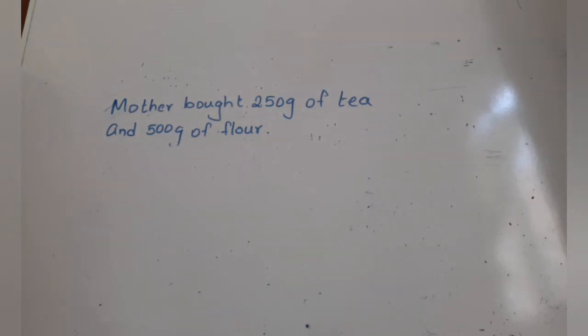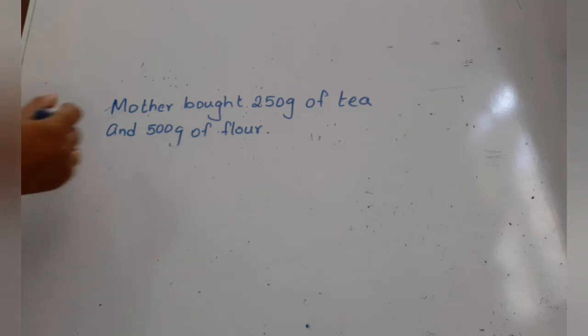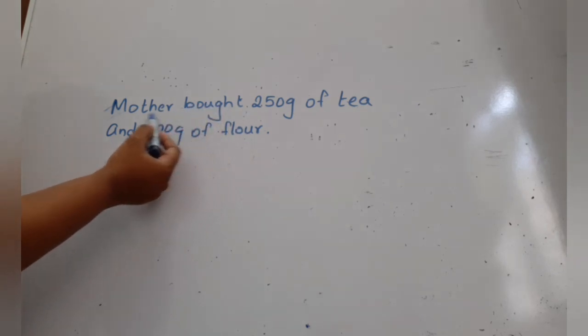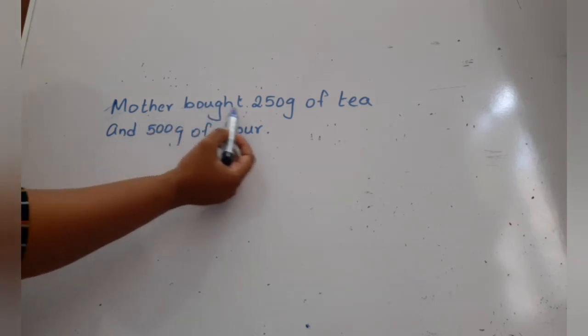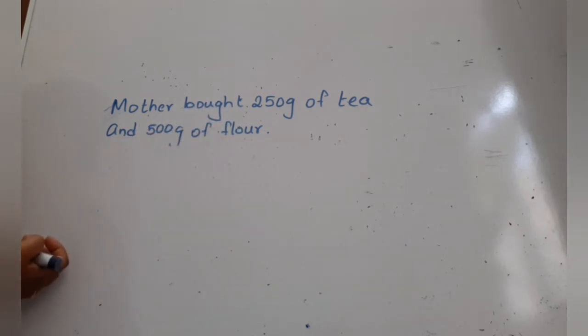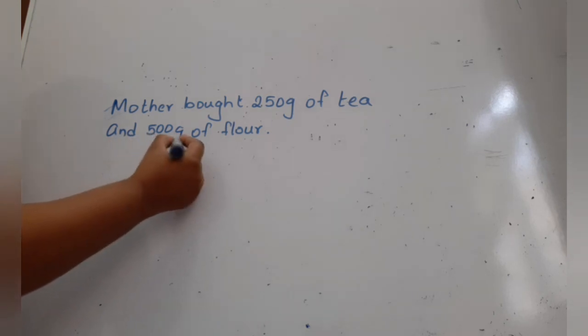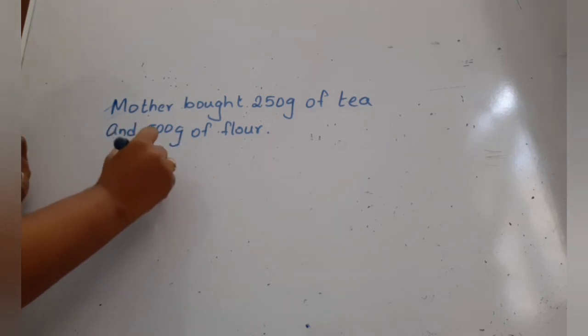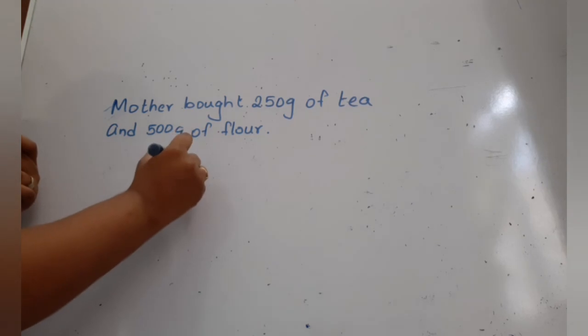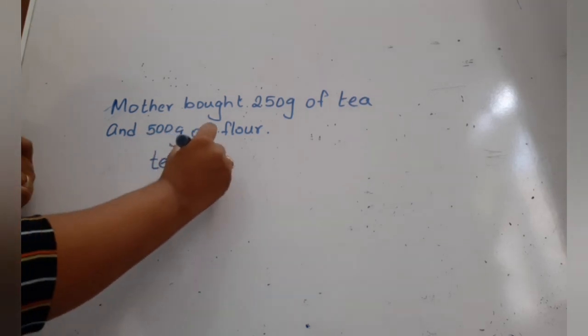Another important thing you need to consider when you write a ratio is you should not indicate the units when you write it. Here I have taken the same example where mother bought 250 grams of tea and 500 grams of flour. We are comparing the amount of tea leaves to the amount of flour.